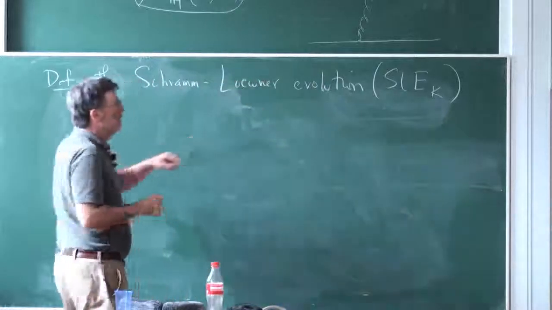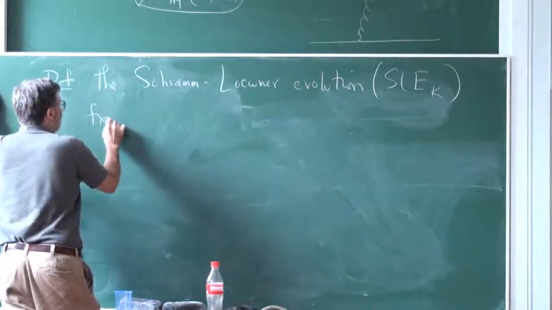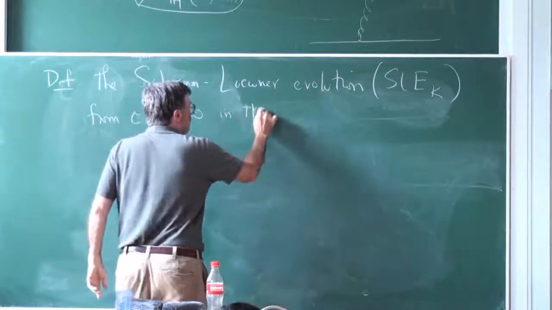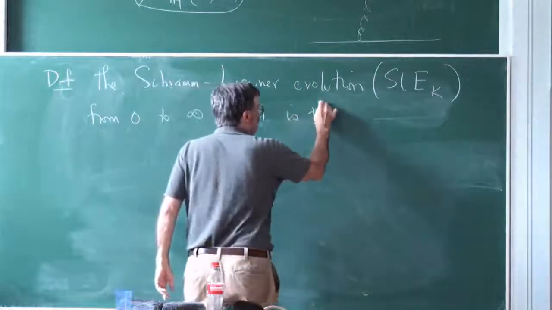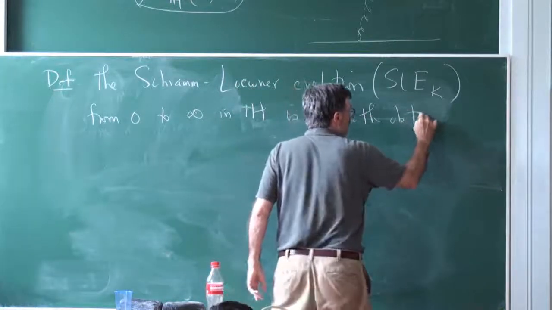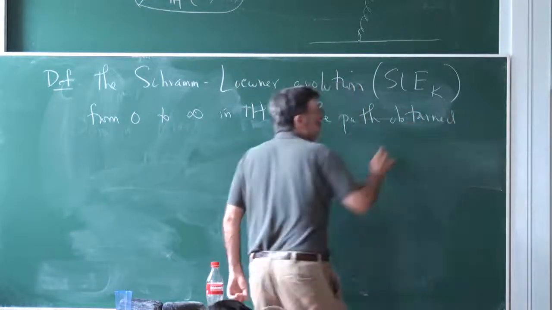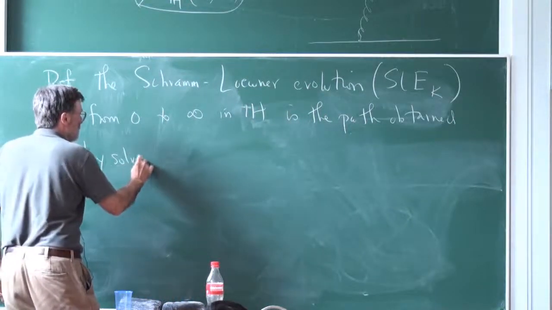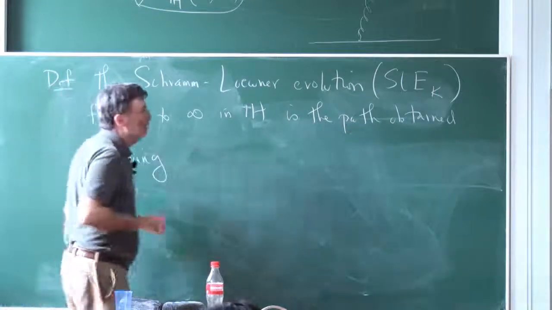SLE kappa, from 0 to infinity in H, is the path obtained by solving the Loewner equation.